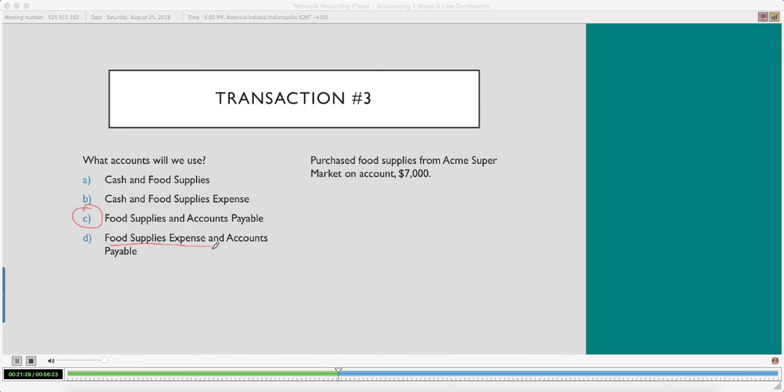We will use food supplies expense when we're adjusting it at the end of the month. It's actually food supplies because it's like purchasing office supplies or purchasing office equipment. It's things that you have in stock.